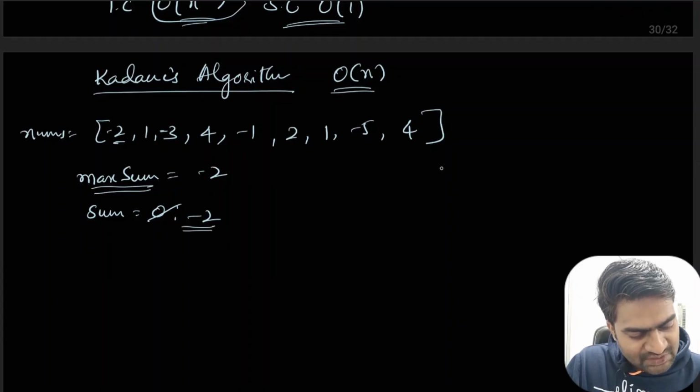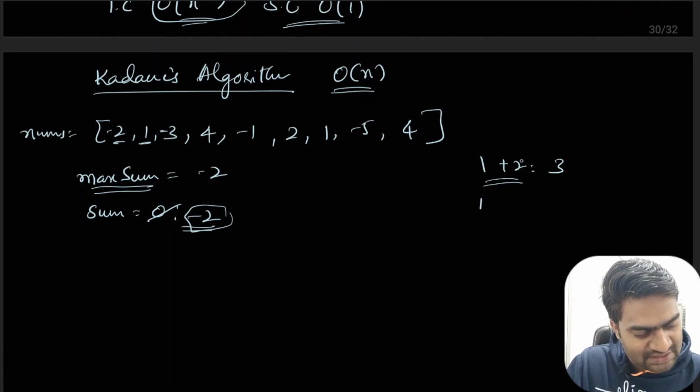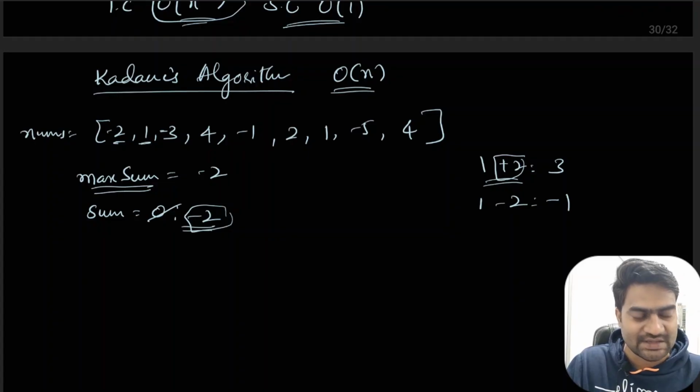Now if you take the next number, which is 1 here, if this was +2, then our sum would have been increased to 3. But now it is not +2, it is -2. So our sum becomes -1.